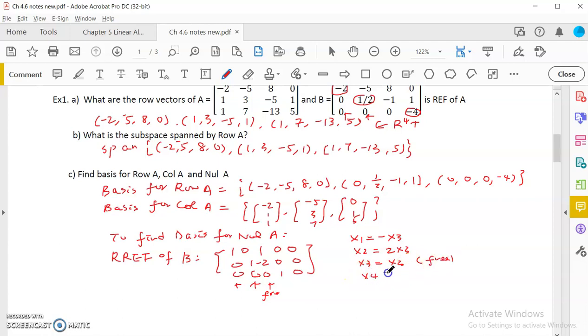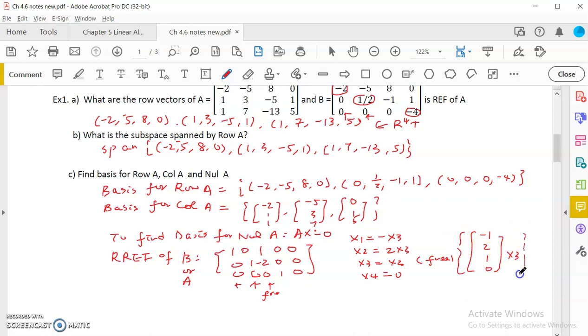And X4 is always 0, because for null A, we're solving AX equal to 0, right? And the solution of AX equals 0 is this. So we can say REF of A or B. And we got that. So if you factor X3 out, the vector is negative 1, 2, 1, 0 times X3.